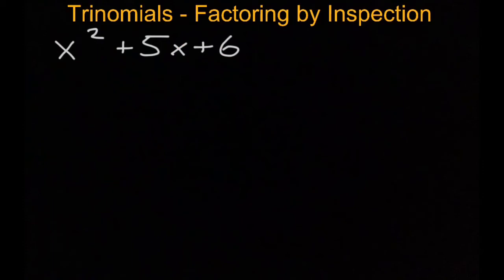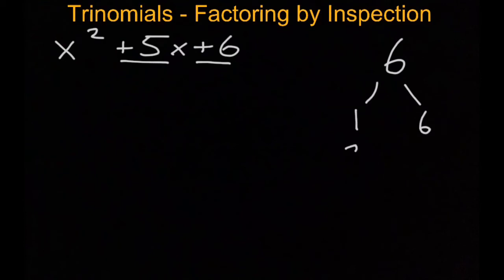So the first step is to identify two numbers that can add up to positive 5 and multiply to positive 6. So let's make a chart. So we have 1 times 6 that can equal 6. We have 2 times 3, and that's all.